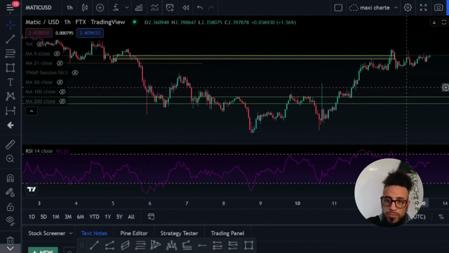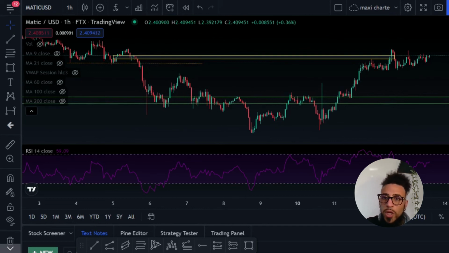That broke the structure, the structure here being this area right there. So this green candle made you believe that the price of the currency would head higher from there.